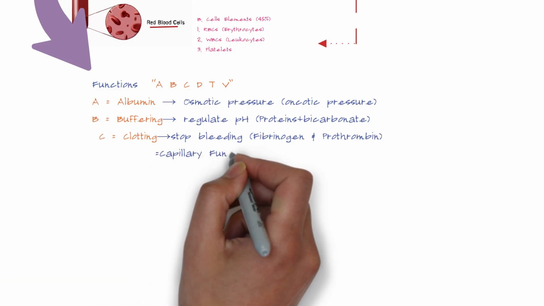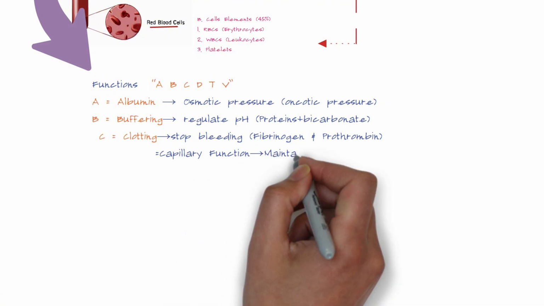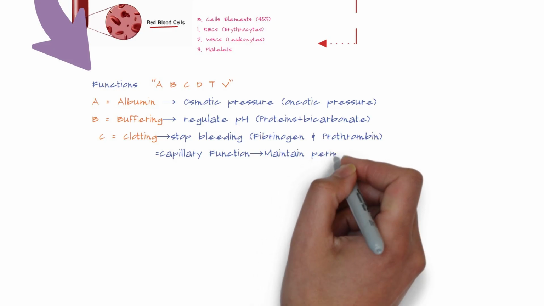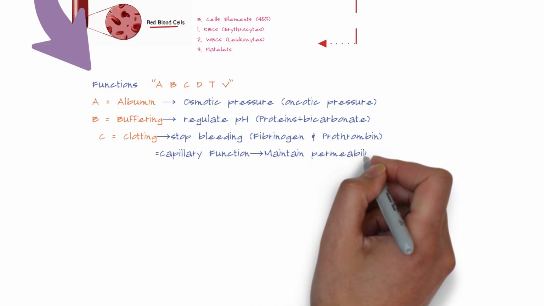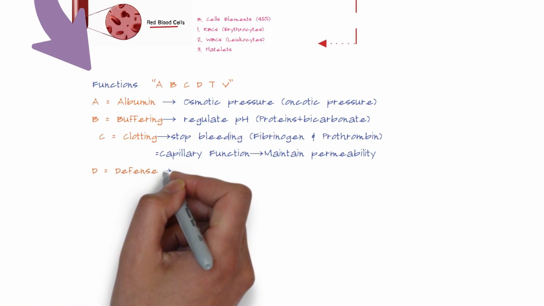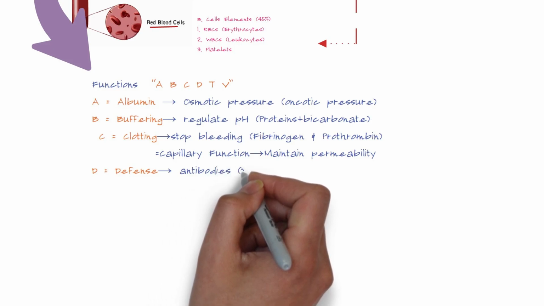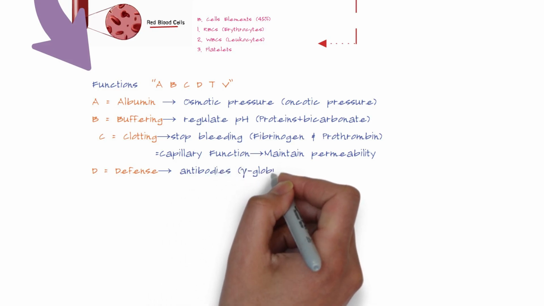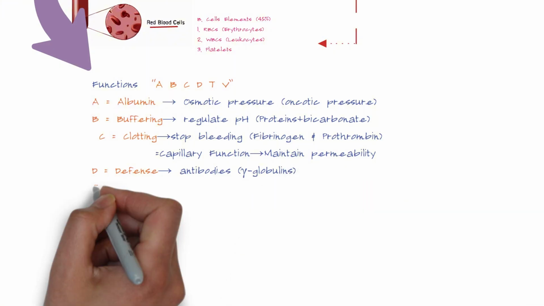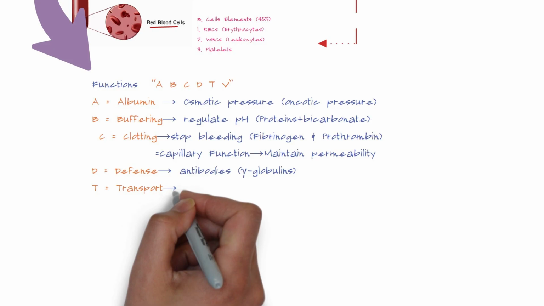The defense, D. Some plasma proteins, mainly the globulins, function as antibodies, so they are essential for the immune response and protecting the body against pathogens. T, the transport. Albumin acts as a carrier protein transporting hormones, drugs, and other substances. V, the viscosity. Plasma proteins, especially fibrinogen, contribute mainly to blood viscosity.